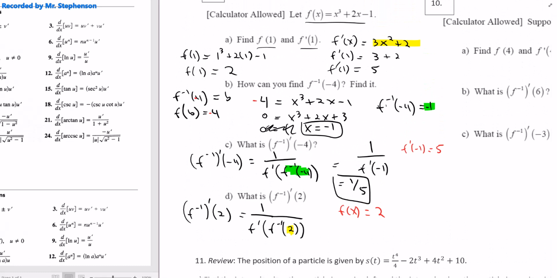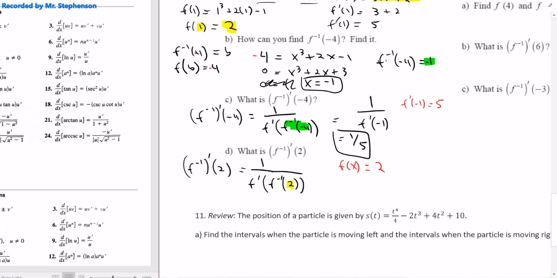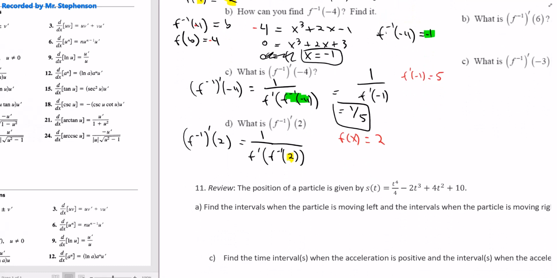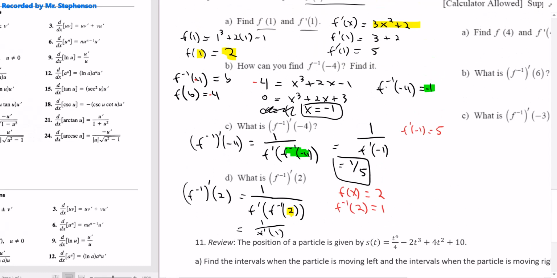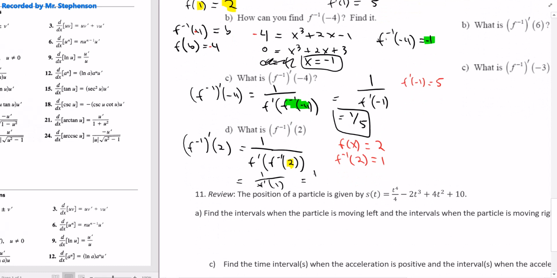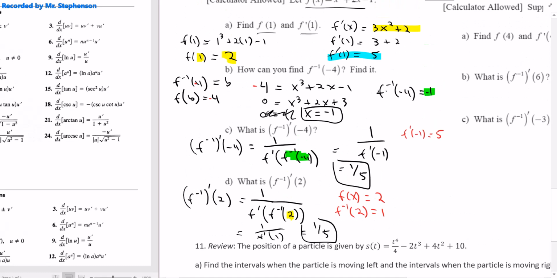We already found that f of 1 gave me an output of 2 in part A. So f inverse of 2 will give me 1, because f of 1 equals 2. So this equals 1 over f prime of 1. So I need to plug 1 into my derivative, which we already did up there, and we end up getting 1/5 again, because f prime of 1, we found up here, was 5.